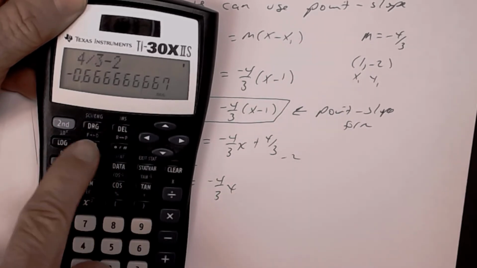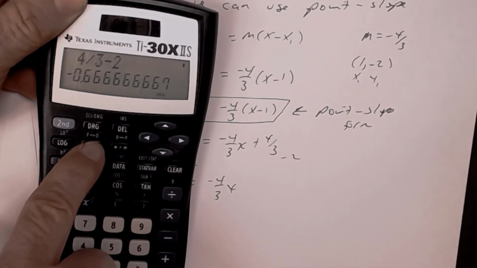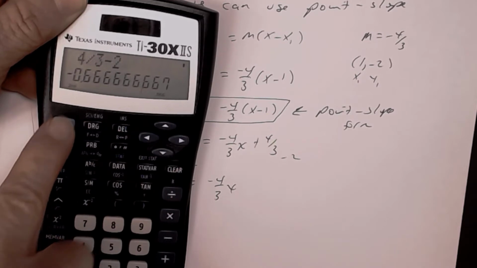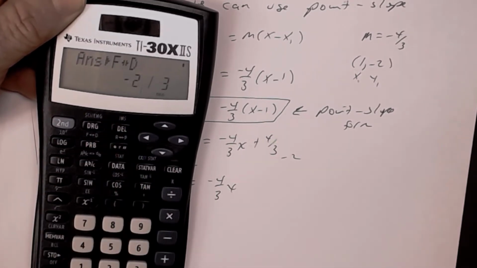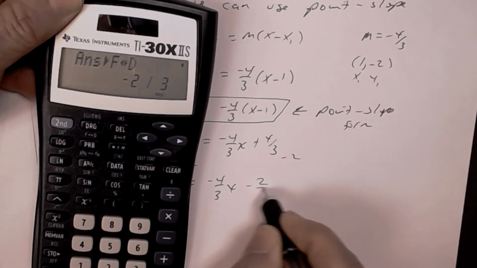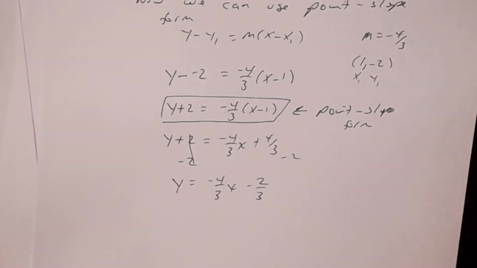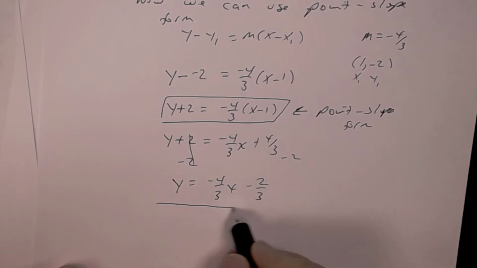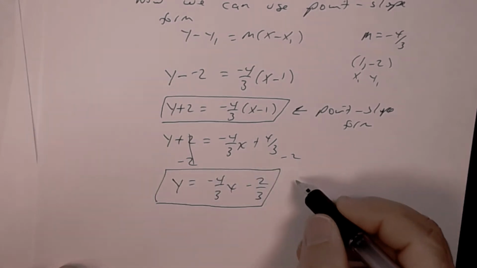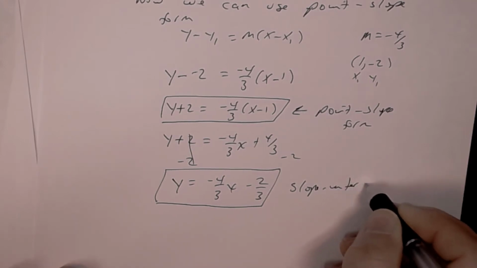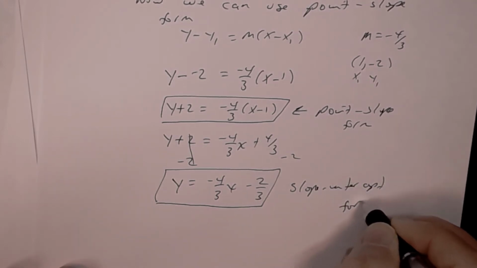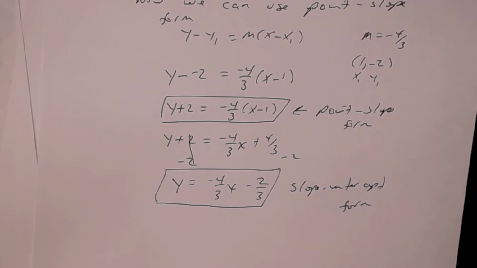If you didn't, then on your calculator, you can convert it to a fraction just by pressing second P or B like that, and then press equal, and you get negative 2/3. So you get minus 2/3 right here. And so that is the equation of the line in slope-intercept form. Okay? All right. So that is the answer to part 2.